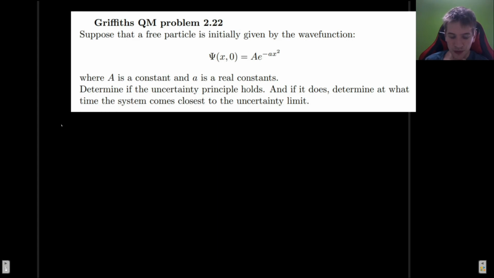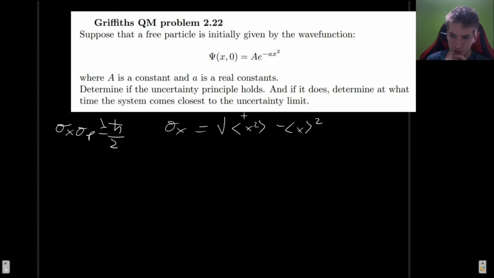So what we have to find here is basically sigma x sigma p, and make sure that this is indeed greater or equal than h bar divided by 2. In order to find this, we're going to need the sigmas. Sigma x is the square root of the expectation value of x squared minus the expectation value of x, squared, and similarly for p.